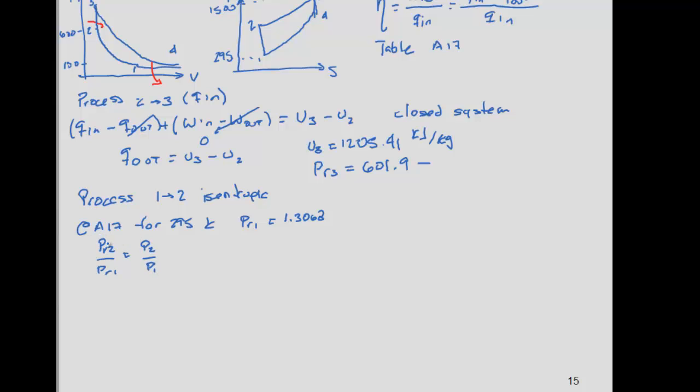Now we are using relative pressure because we know both pressures.